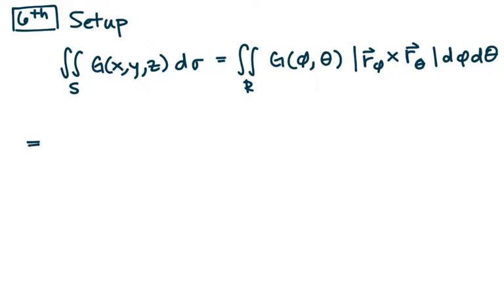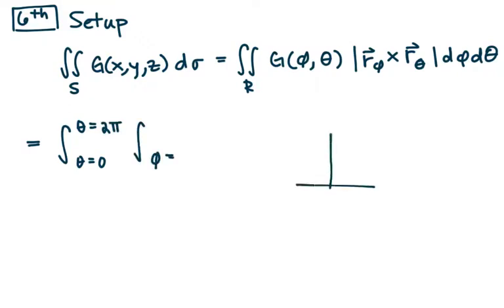So this gives us, for my theta values, theta equals 0 to theta equals 2 pi. My phi value, now keep in mind we're dealing with a hemisphere, so phi is that angle off of the z-axis. So phi is going to be between 0 and pi over 2.